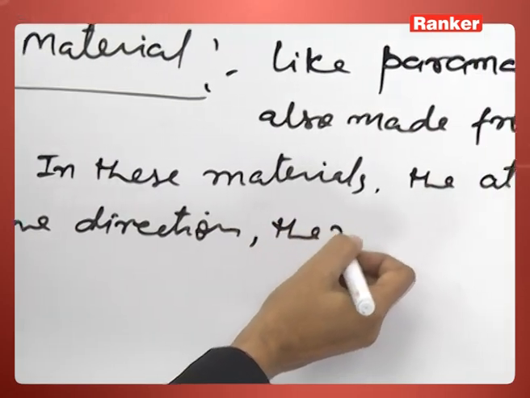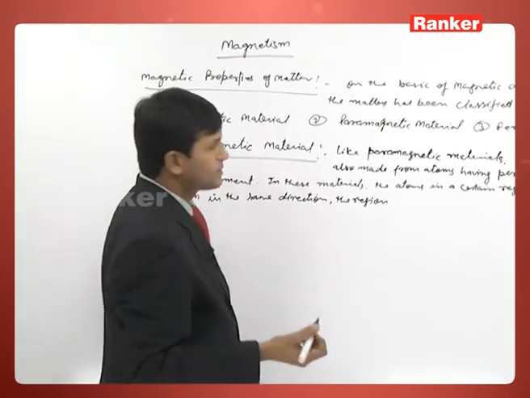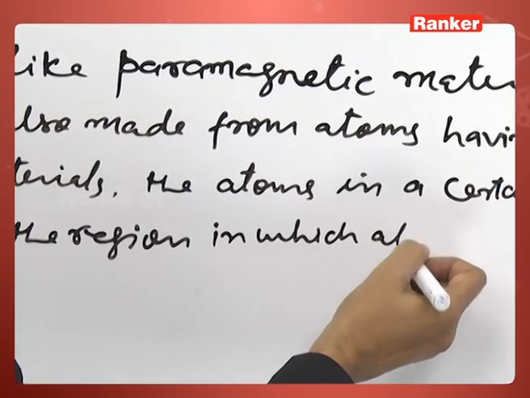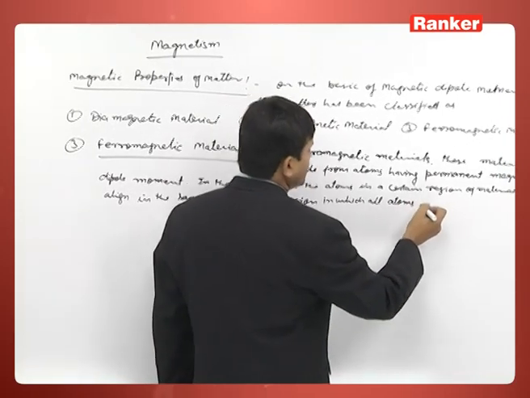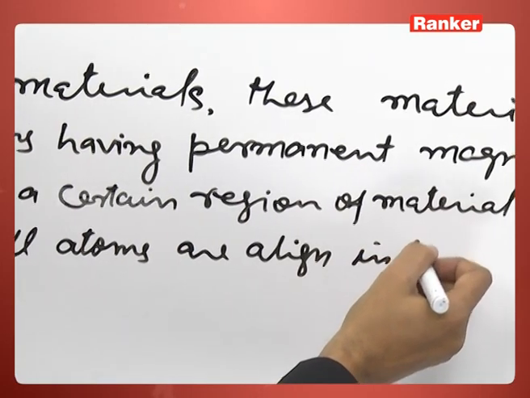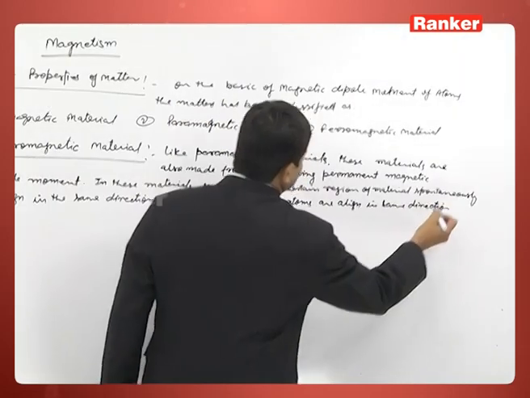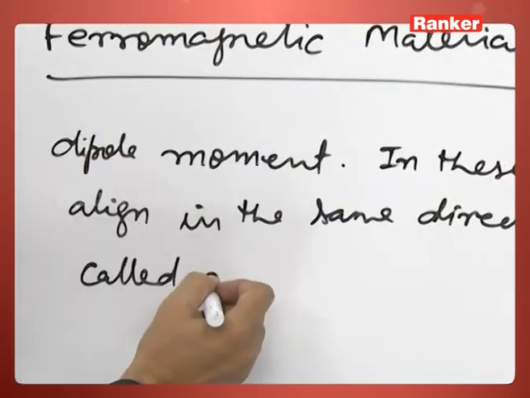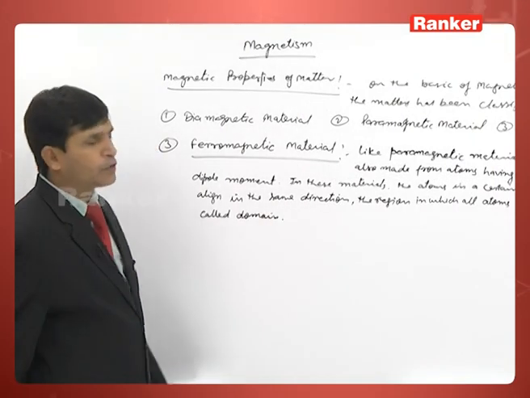So the region in which all atoms are aligned in the same direction is called a domain. So first see the meaning of domain.